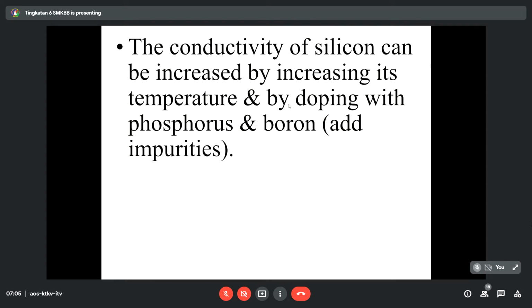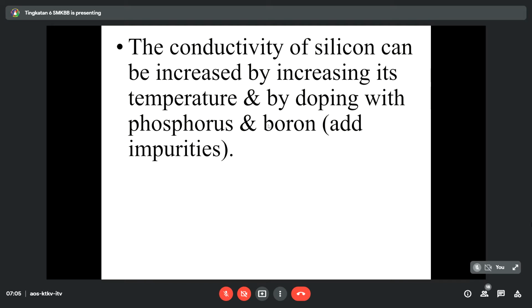Another one is by doping, by mixing with phosphorus and boron, which of course we assume as adding impurities to silicon. This one is important at the very beginning, because when you start using it, the temperature is not so high yet. That means if it's just pure silicon, then at the very beginning the conductivity will be very poor.